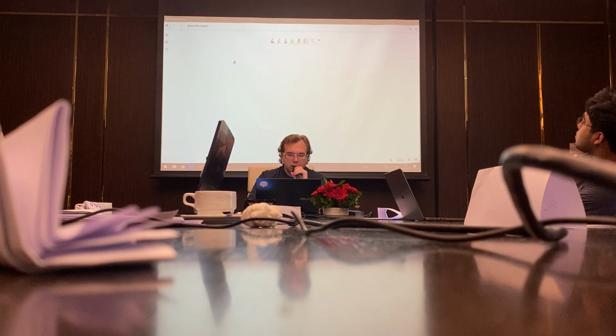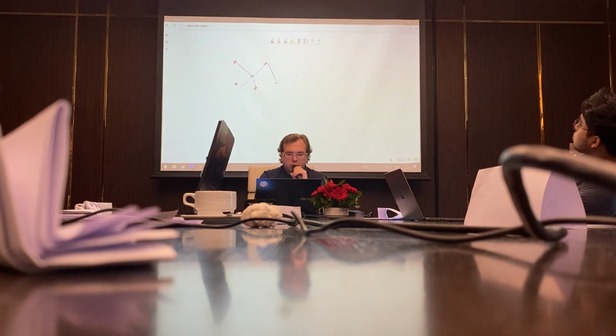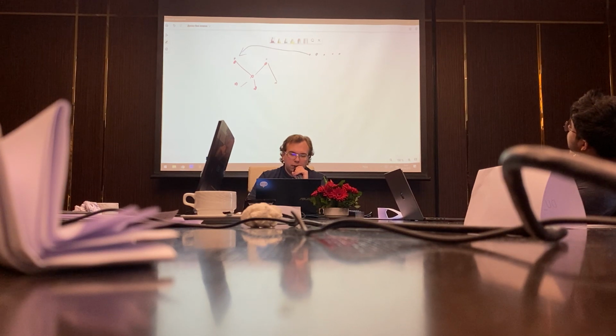There is a graph with n vertices, and what should we do with this graph? We should find the maximum sum of the capacities of all edges, and the capacity is the minimum number of tokens of the endpoints. So you have some number of tokens, for example 5 tokens, and now you can give some vertices some number of tokens, for example 2 and 2.